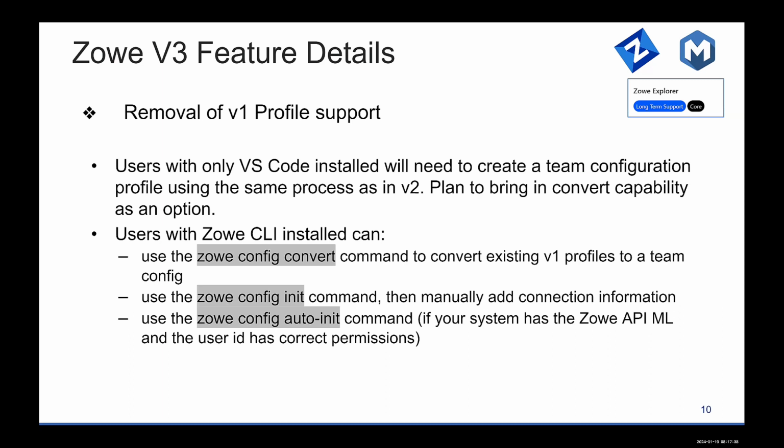You can also use commands to create a new config, and with certain permissions, you can use zowe config auto-init if you are also set up to use the Zowe API Mediation Layer. And what that does is it will autofill some of the information that is available from the Zowe API Mediation Layer into that new config file. Next slide, please.